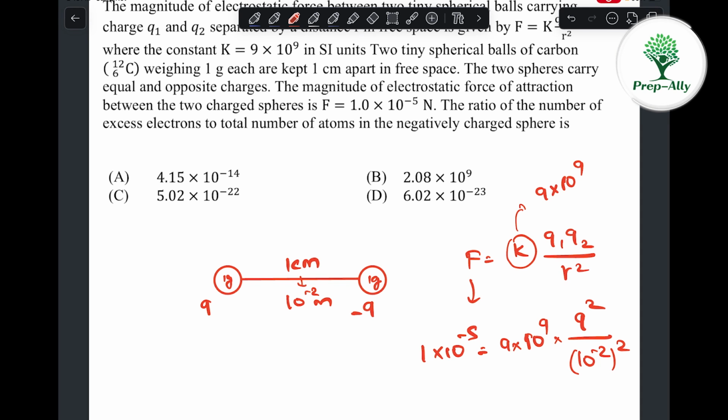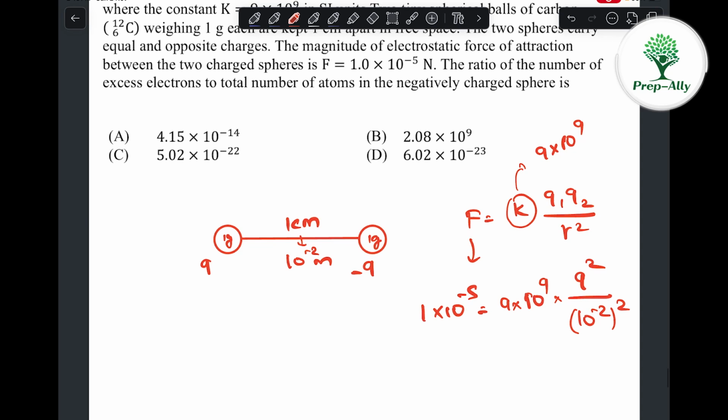What they are asking is the ratio of the number of excess electrons between the two charged spheres. We consider the excess electrons, which means how many electrons produce Q amount of charge. Using the Q charge, we can find the excess electrons.